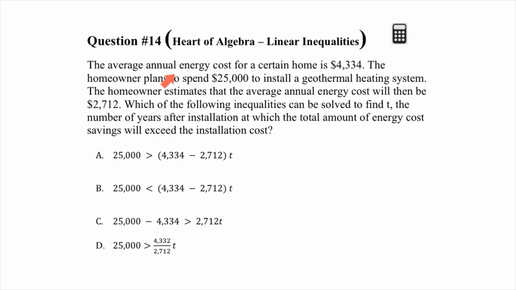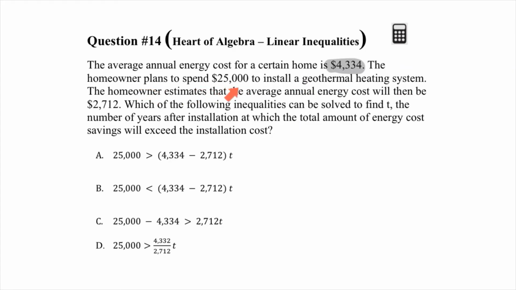The average annual energy cost for a certain home is $4,334, and then the homeowner plans to spend $25,000 to install a geothermal heating system. This is an investment.